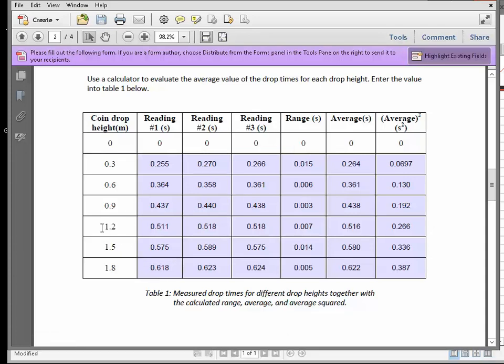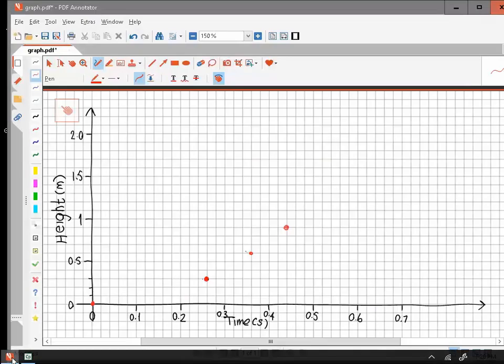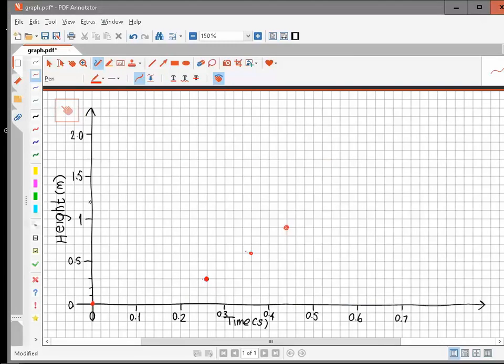Next point is 1.2 and 0.52. 1.2 is here, and 0.52, there's 0.5, and that's 0.52.